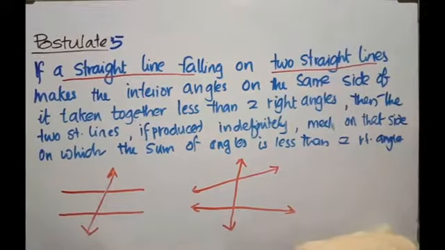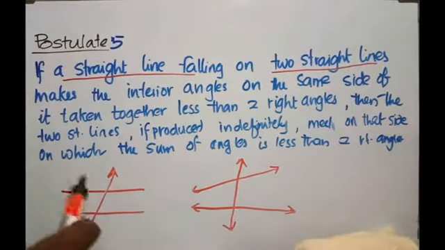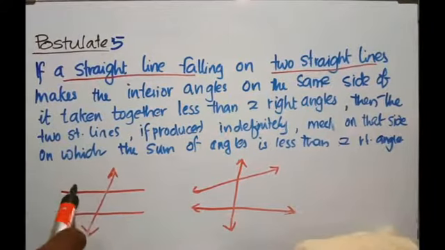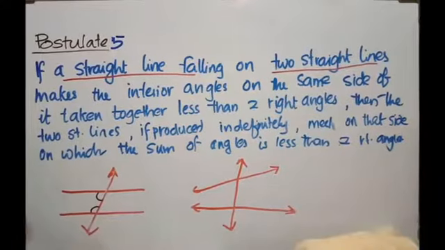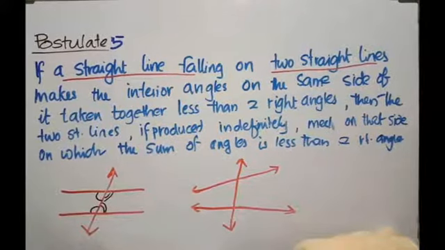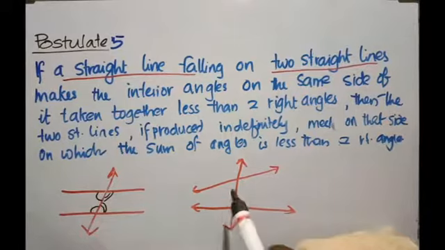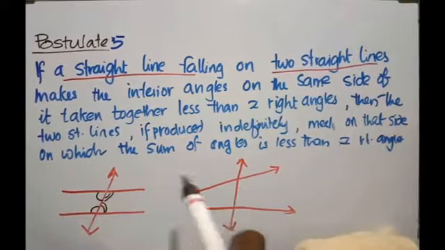When you check, interior angles are formed. Interior angles mean angles formed inside the lines. These are two interior angles, and these are the other two interior angles. So in total there are four interior angles formed, and here also: this is one interior angle, second, third, fourth.